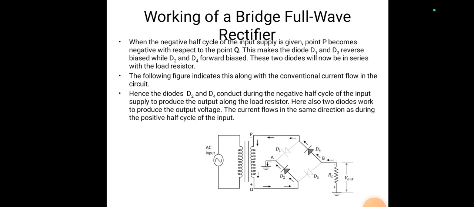So diodes D2 and D4 conduct during the negative half cycle, while D1 and D3 are in the off condition. The arrow indicates the direction of flow of conventional current in the circuit. Current flows through the load resistance, and that appears at the output.